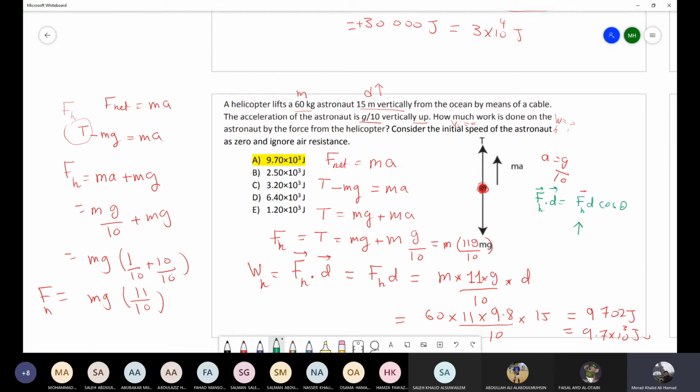The direction of D, they elevated it. It says lifted. What is the meaning of lifted? Did they raise it up or lower it down? Up. So the direction of D is up. So cosine theta is equal to cosine 0, which is equal to 1, because the angle between F_H and D is equal to 0. Clear? Clear. Okay.